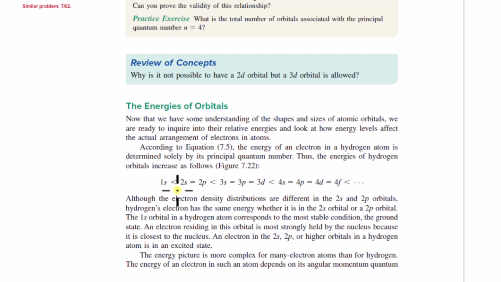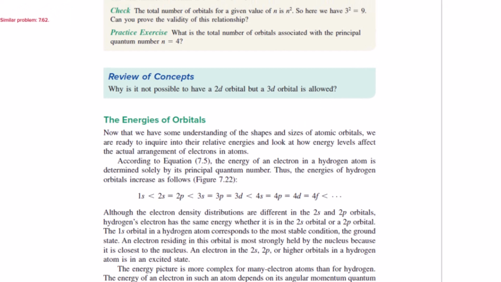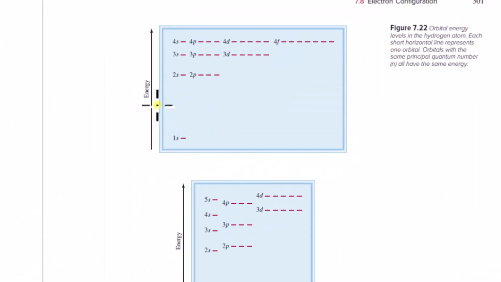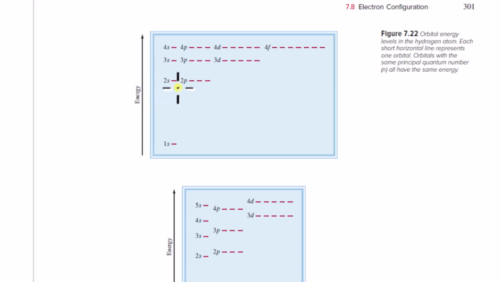So 2s is equal to 2p in energy, which is greater than 1s. 3s is equal to 3p is equal to 3d in energy, which is greater than anything with a principal quantum number of 2. Same principal quantum number, same energy.